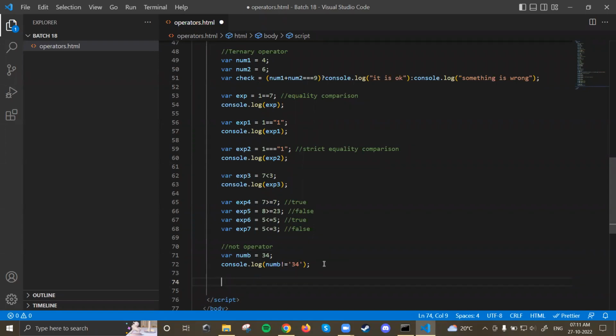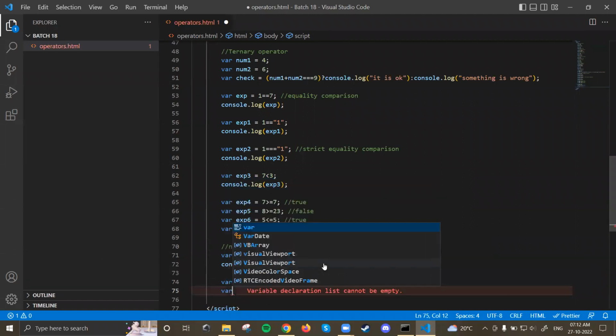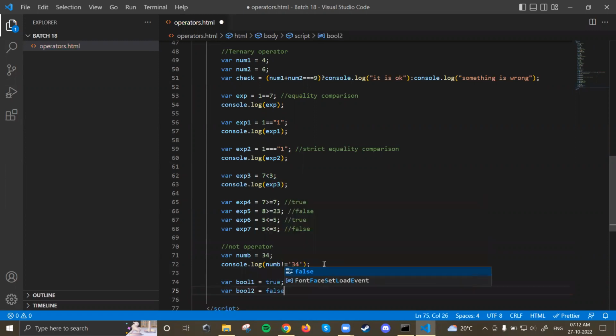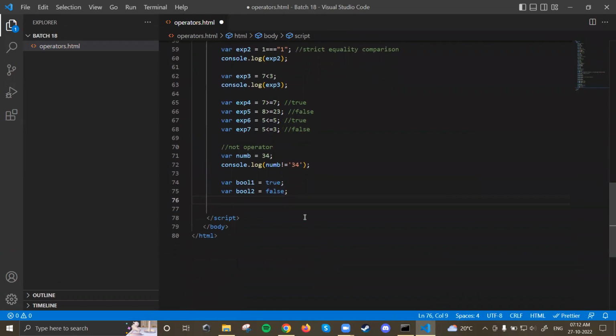Let's say I have bool1 is equal to true and bool2 is equal to false. Okay, now we have an operator that is known as the AND operator. Okay, that is known as AND operator.